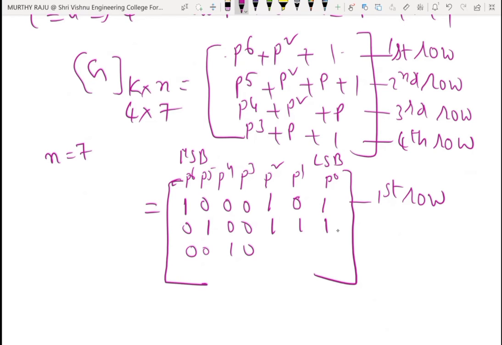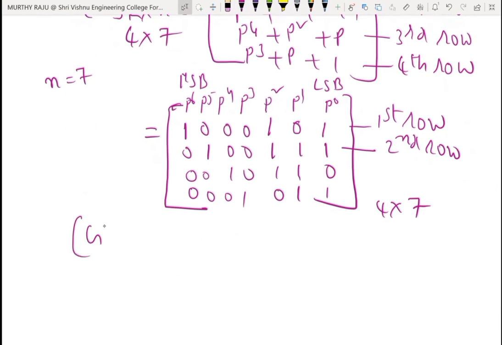In the third row, 0, 0, 1, 0. P square is 1, p is also 1, and there is no p power 0 term. The last one is 0, 0, 0, 1 because of p cube, then 0, 1, 1. This is 4 cross 7.